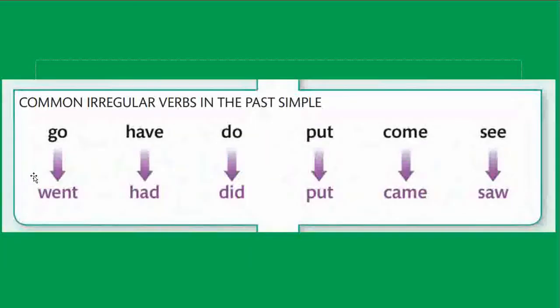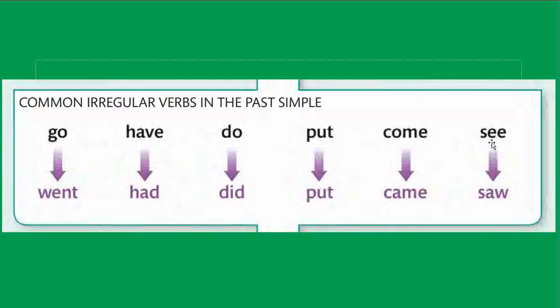Let us see certain irregular verbs and how they change in the past simple. Go becomes went, have becomes had, do becomes did, put remains as such, it doesn't change. Come, in the word come, there's an internal change of vowel, it becomes came.